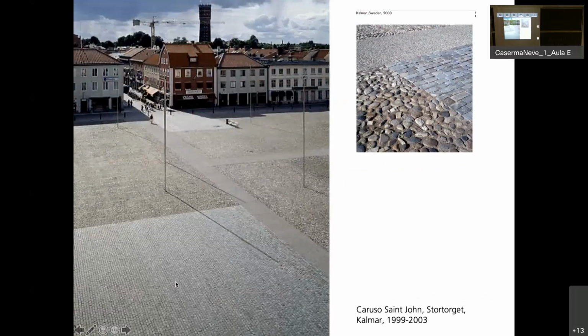So a very big urban space is qualified by the presence of this landscape treatment of the pavement.